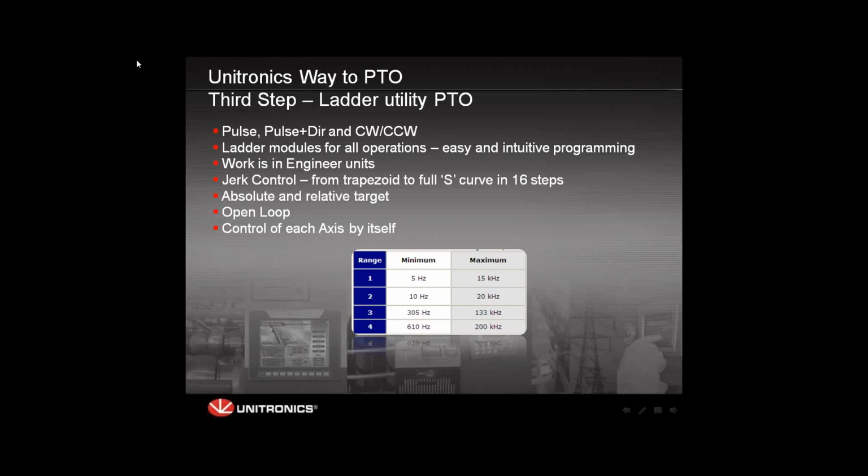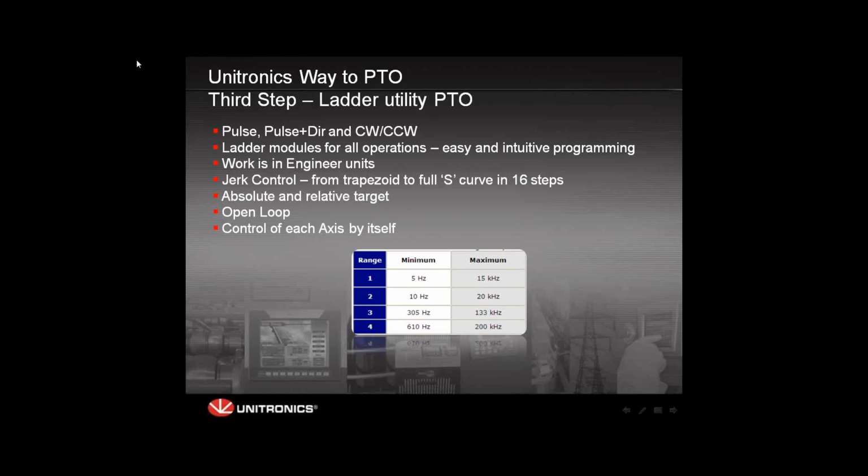But what we're doing now is we have a calculation within the PTO module. So you can pre-calculate the ratio between the length that you need to control and the number of pulses, and you set this ratio once, and once you set it, you can control the PTO using the engineer units. You can enter centimeters or meters, and the PTO will do the calculations itself.